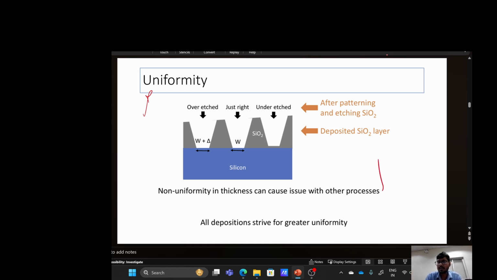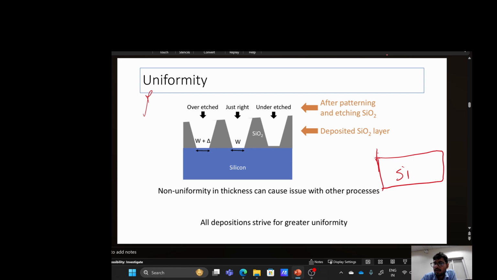So this is your silicon wafer or any kind of substrate, and you are depositing a film over that. I am just assuming this is silicon and you are depositing silicon dioxide or aluminum oxide, Al2O3 or SiO2. Let us say SiO2 you are depositing.